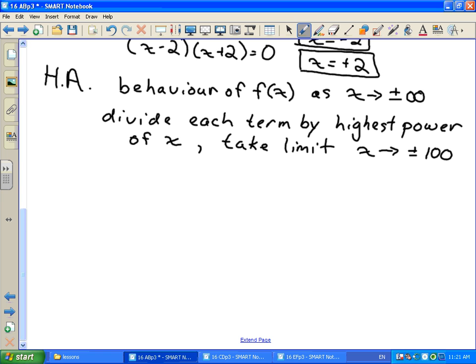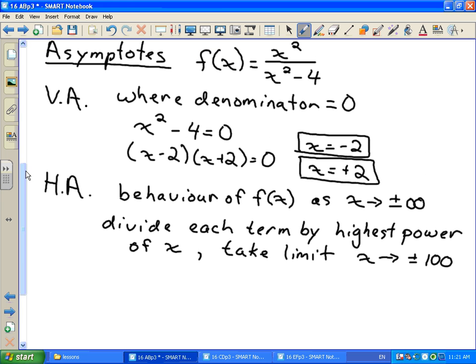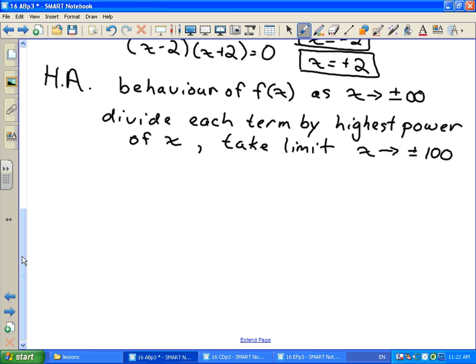So what's that going to look like in this case? Our function is x squared divided by x squared minus 4, so our highest power of x is x squared. We want to take the limit as x goes to positive or negative infinity of, in the numerator, x squared divided by x squared.